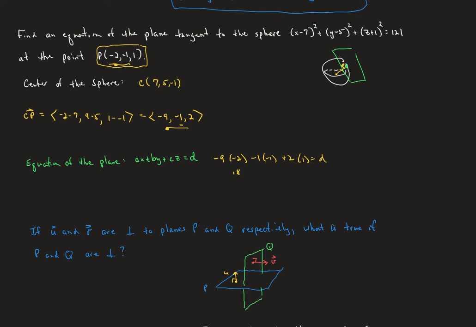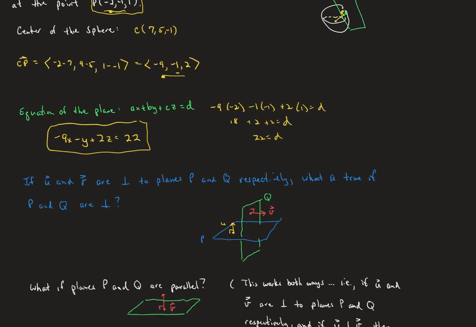So that's going to be 18 plus 1 plus 2, so that looks like 21 for the d. So we have negative 9x, this is our normal vector, minus y plus 2z is equal to 22. And that's the equation of that plane that is tangent to the sphere. Kind of cool?